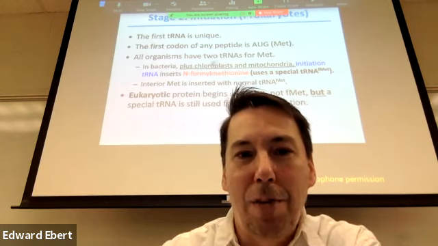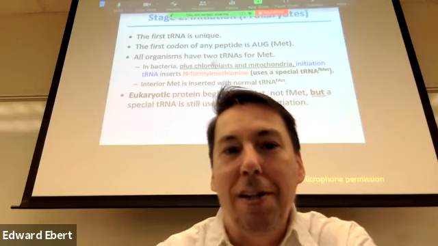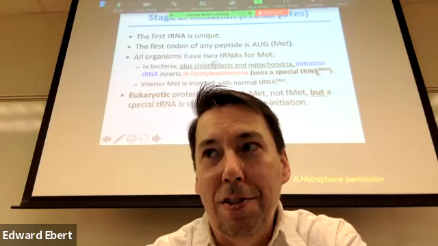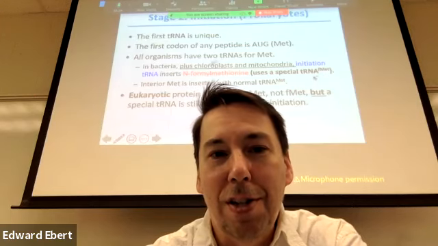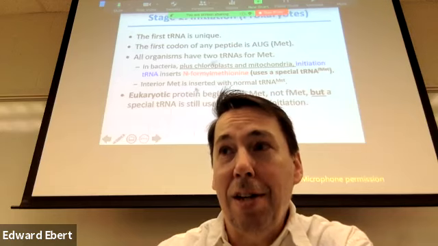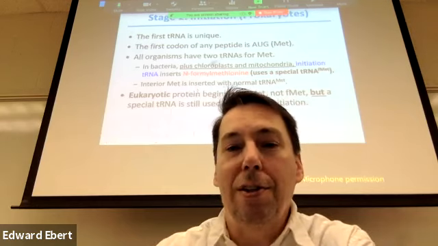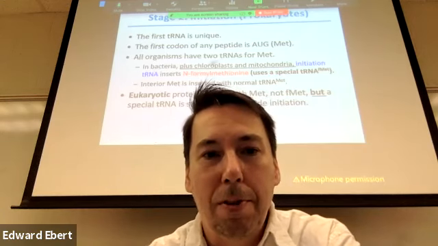Okay, so in bacteria, you'll have this formylated methionine. So you'll have this alternate tRNA synthetase here that will actually use this formylated methionine. And if you need a methionine inside the growing protein strand, you would use the other tRNA that just has regular methionine.